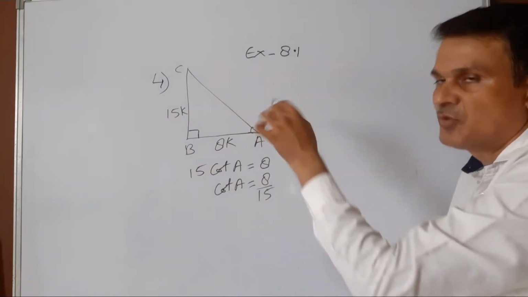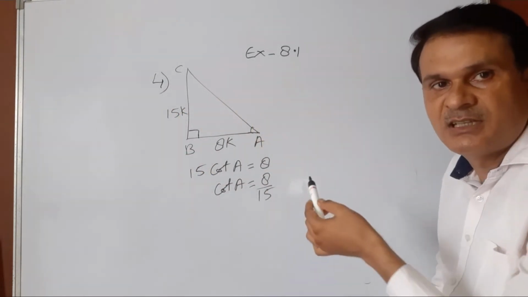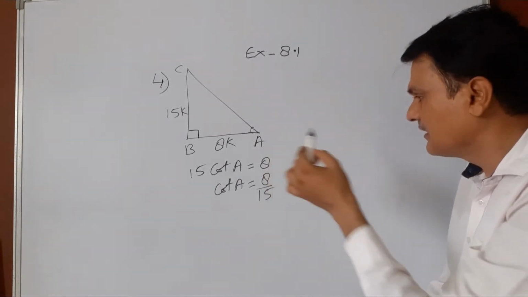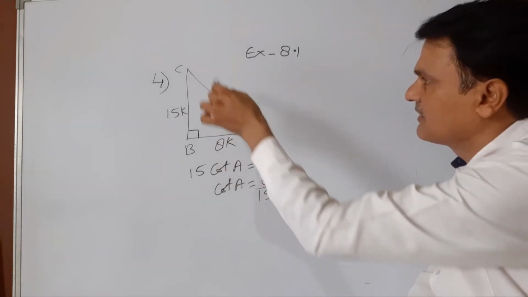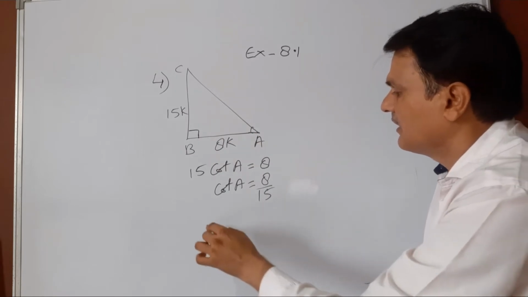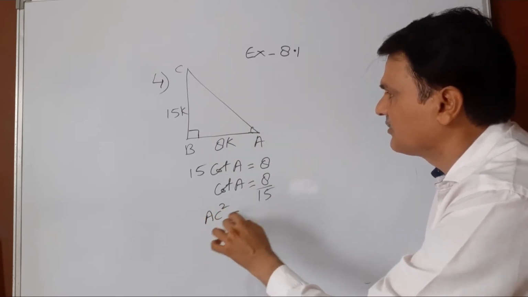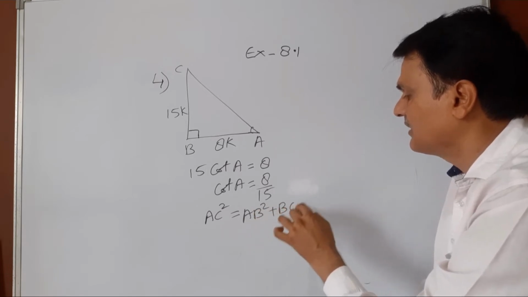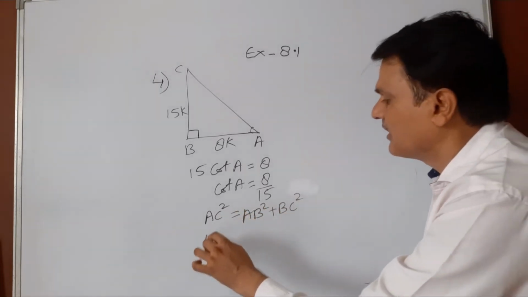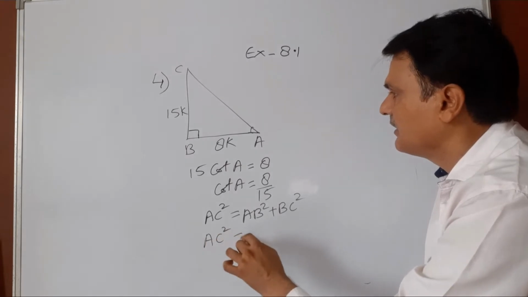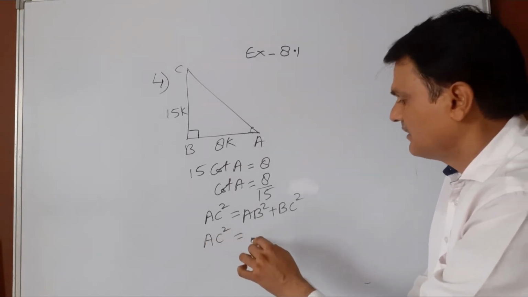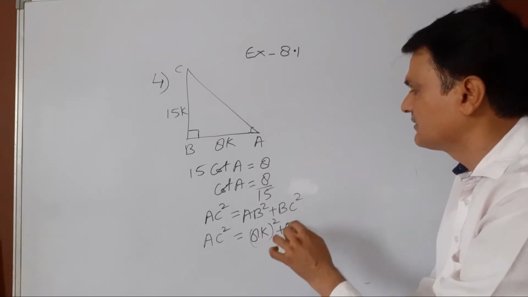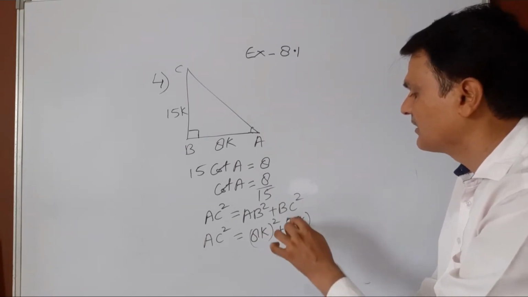Now we have to calculate the side AC so that we get the trigonometrical ratios like sin A and sec A. Now we apply the Pythagoras theorem in triangle ABC, and we write AC square equals AB square plus BC square. AB square is 8K whole square plus BC square is 15K whole square.